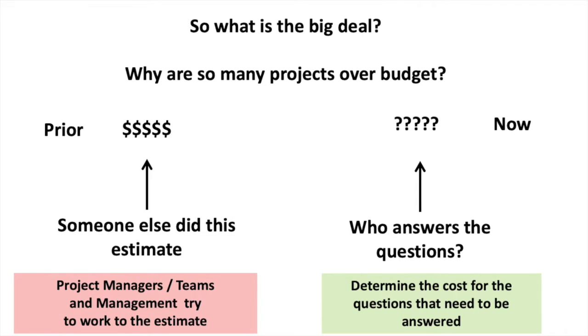What we really need to do is determine the cost for the questions that need to be answered. So the problem is we try to work to that old estimate done some time ago by a business analyst with less information than we have right now, where we're trying to determine what the project's all about, and we have new questions. We really need to look at those questions and answer those questions and get the cost for those questions.